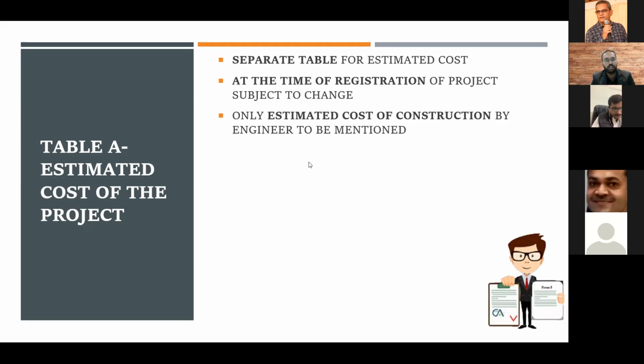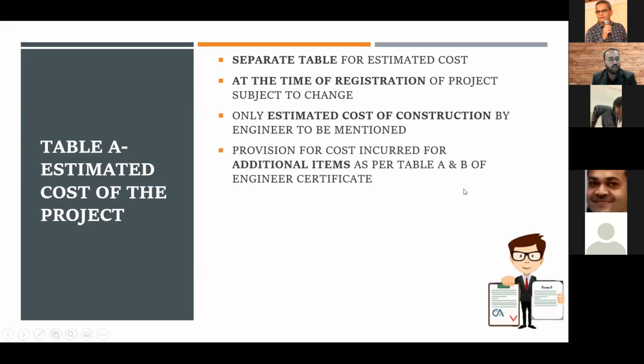So we can very well include this in our certificate. Provision for cost incurred, जैसे ही additional items वहाँ पे है, additional या deletion जो भी है, वो changes अभी estimated cost में भी आएंगे on actual basis, जैसे उसने incorporate किया, तो यहाँ पे हम लोग अपने सर्टिफिकेट में भी इशू करें.